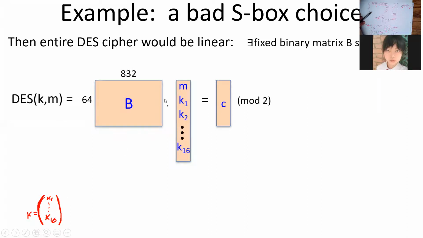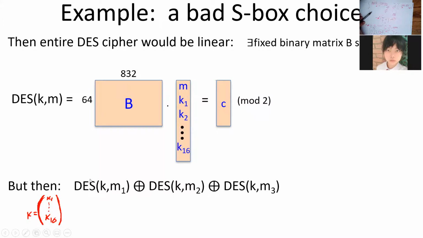Let's denote this 16 key expansion as key, K, and note that here is a relationship that you can compute that shows that this DES, which is not the real one, but the one that is linear, that would be the case if S boxes were linear functions, satisfies a property that breaks the PRF property of DES.